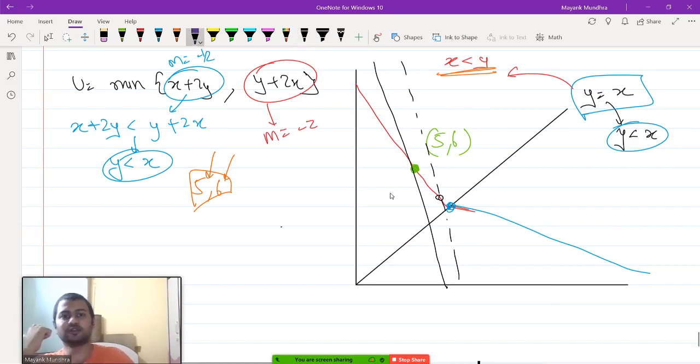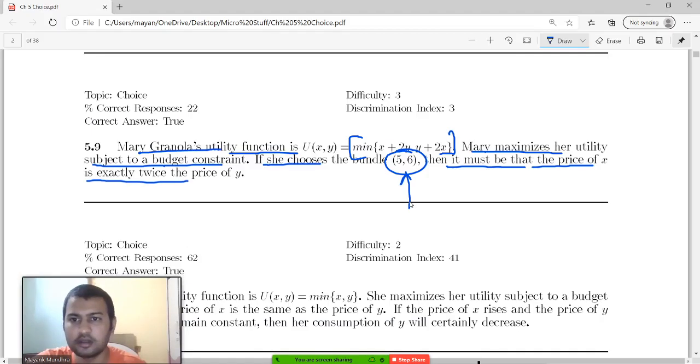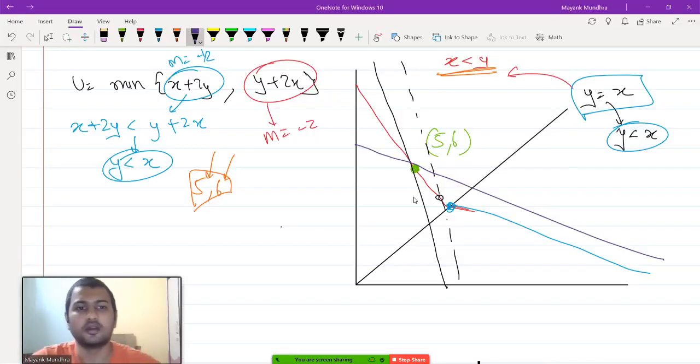Also you cannot have a situation like this, because if 5, 6, twice price of Y.